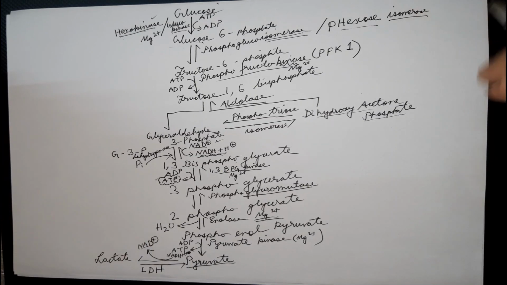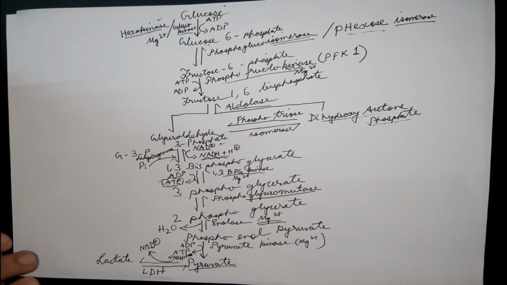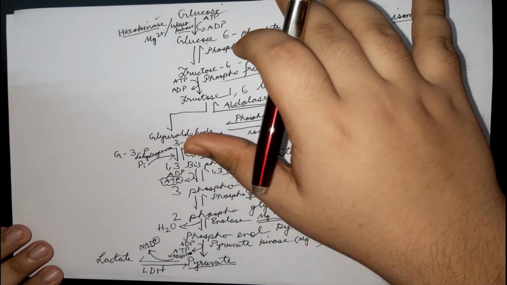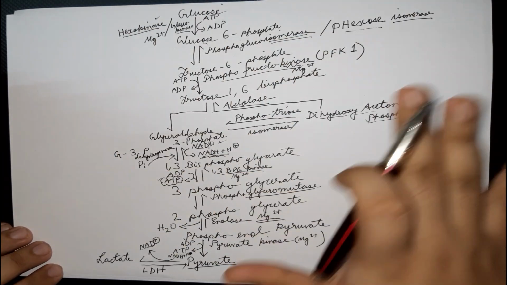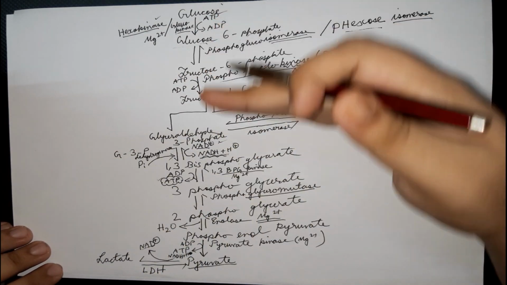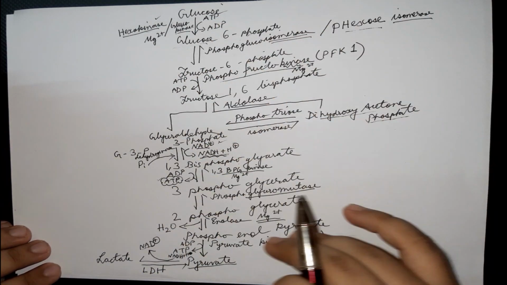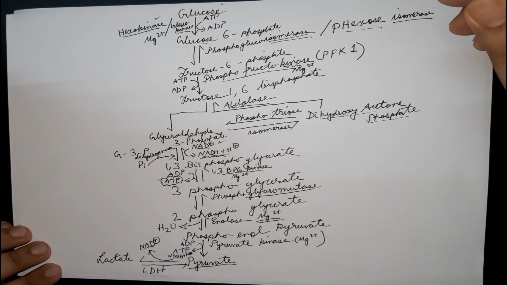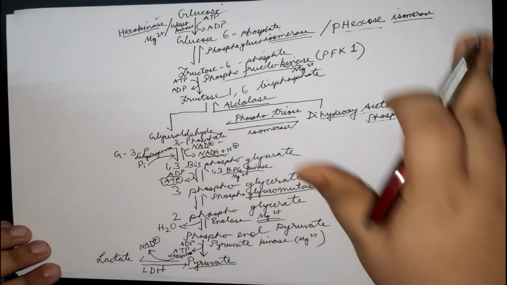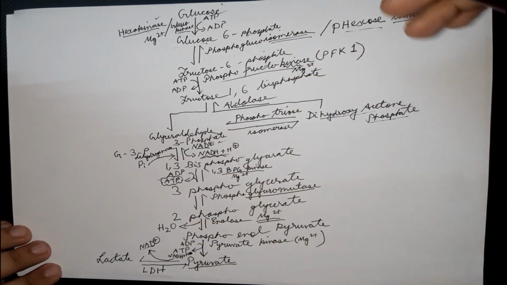But considering that you did watch the last video, we ended the previous video by laying the foundation for glycolysis. We wrote all these steps, all the enzymes, all the different associated things, and laid the framework for the glycolytic pathway.